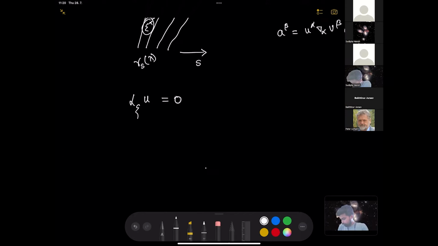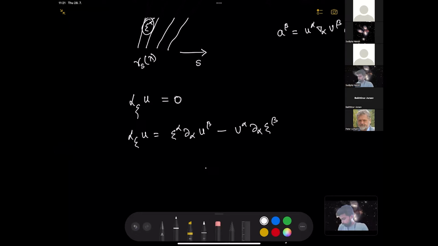So this is basically L xi u, which will be xi alpha del alpha u alpha minus u alpha del alpha xi, sorry, it should be beta.